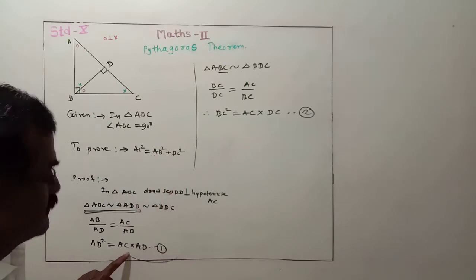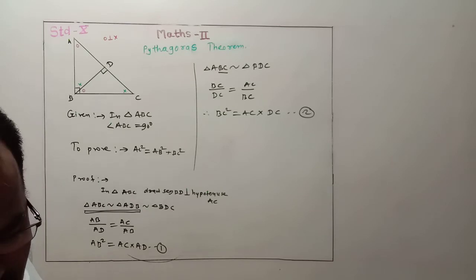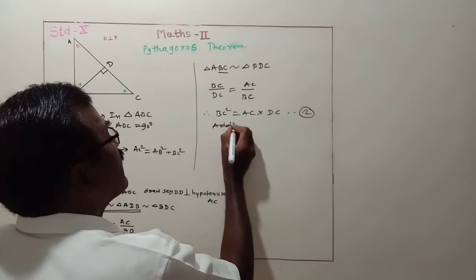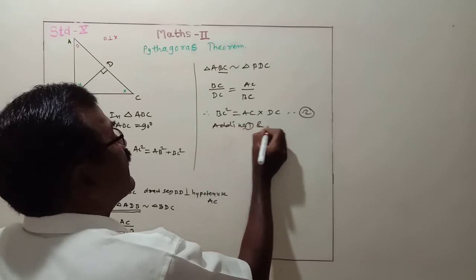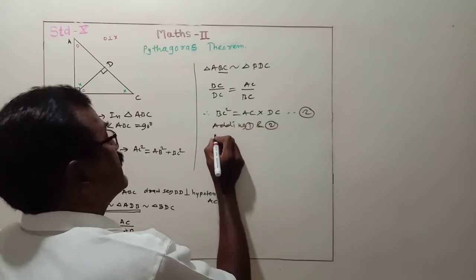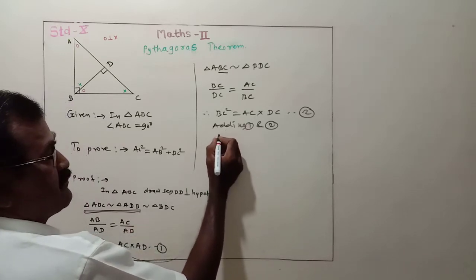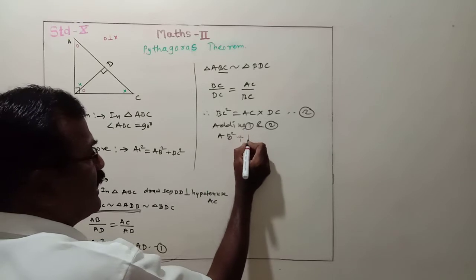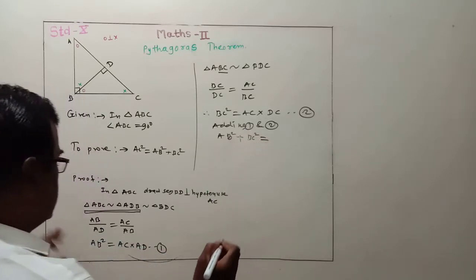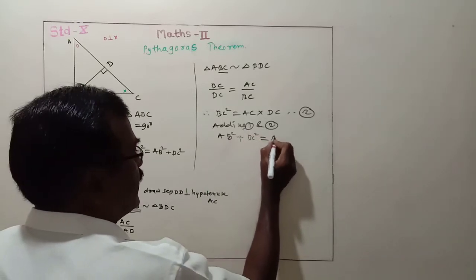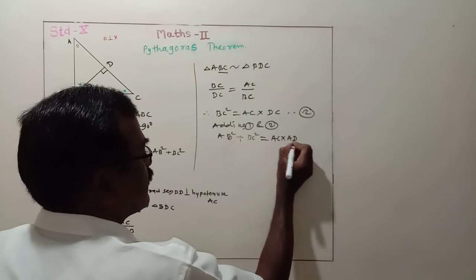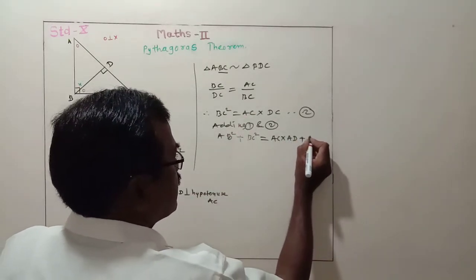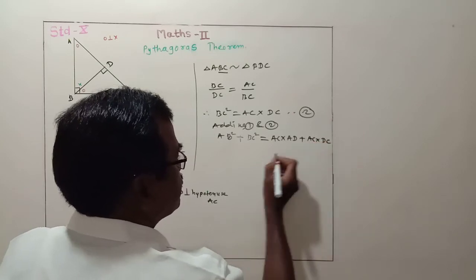If we take the addition of 1 and 2, adding 1 and 2, we get AB square plus BC square is equal to AC into AD plus the value of BC square, AC into DC.